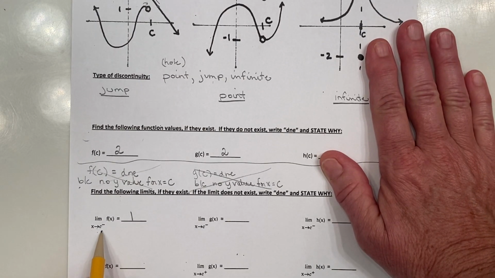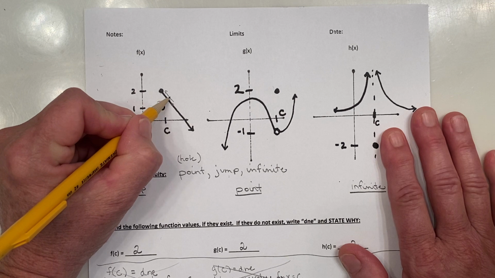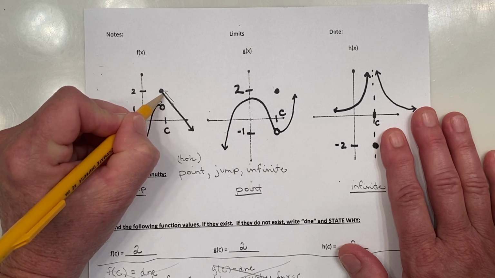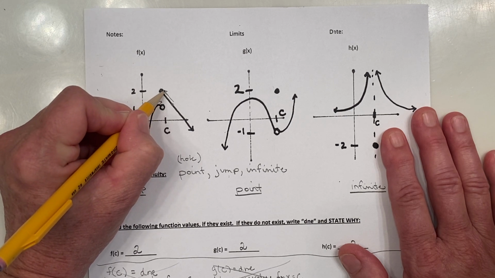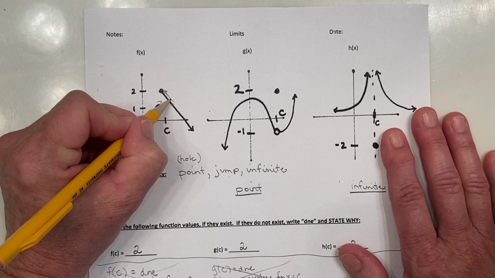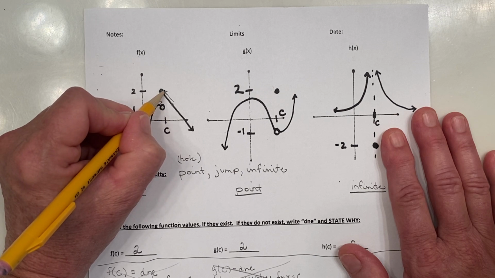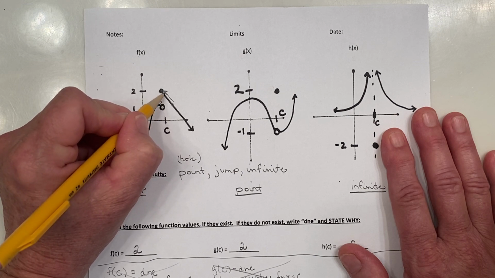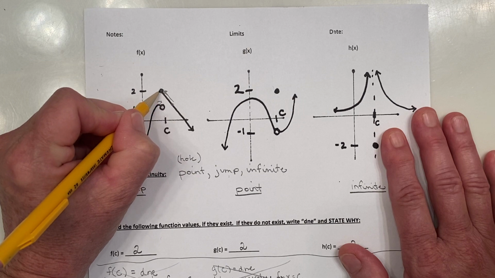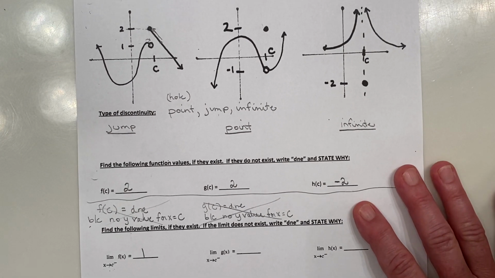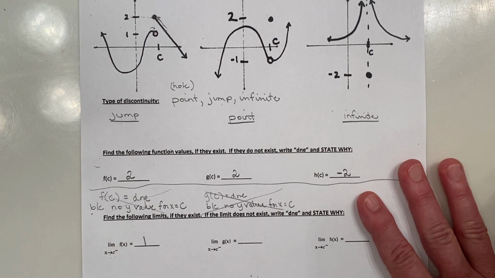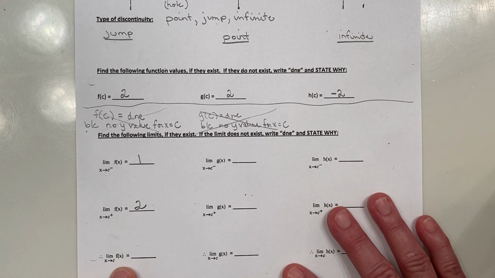On the limit question, those x values have to get closer and closer to c. And as you move up this way on the graph, these x-coordinates are getting closer to an x value of c. Well, what's the intended height here? As I get closer and closer to x equals c without ever being at x equals c, this graph suggests if I move upward, if I move over horizontally, that my intended height is 2. So my right-hand limit is now 2.